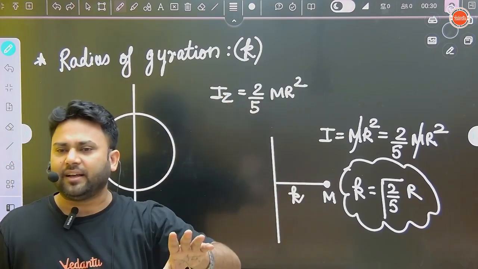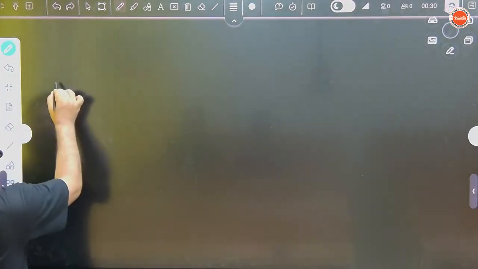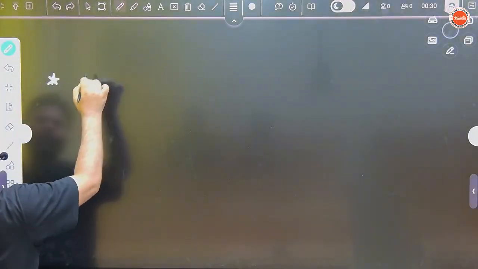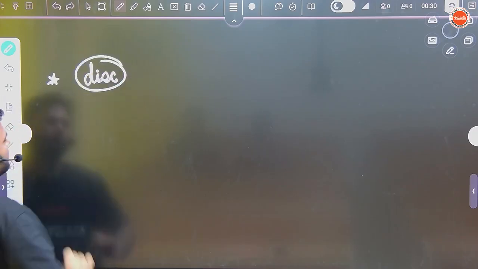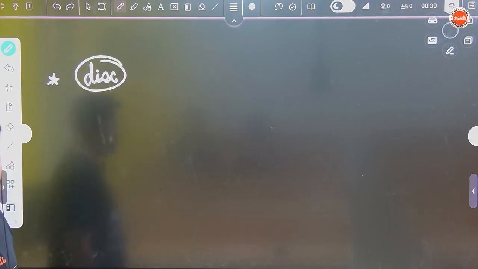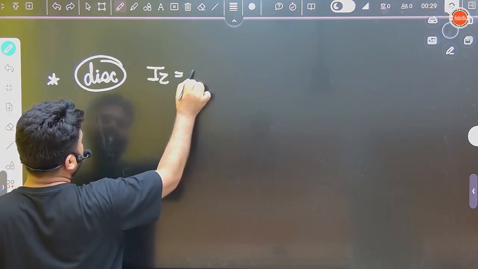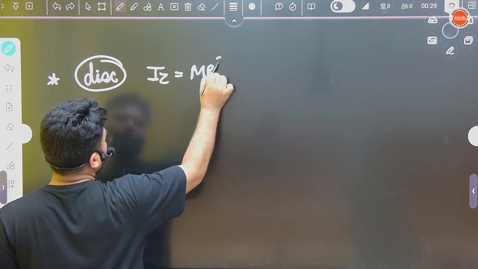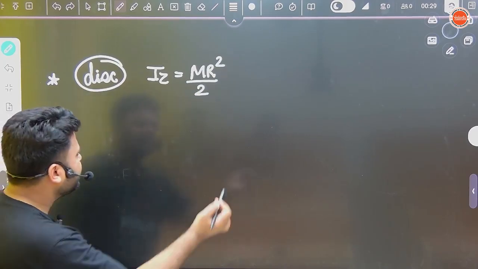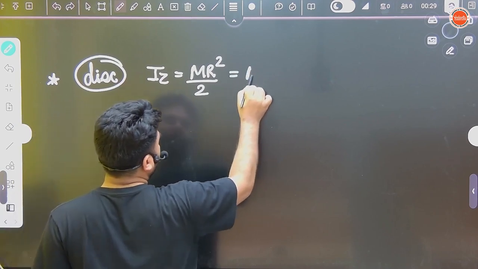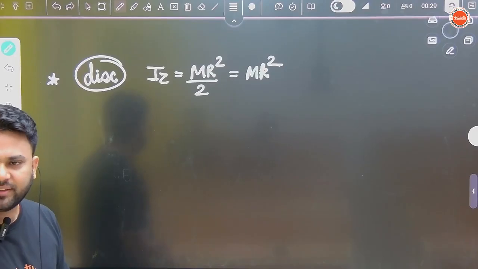If they ask what is the radius of gyration of any object, for example a disk, you know that moment of inertia about z axis is mr square by 2. Just equate it with mk square.